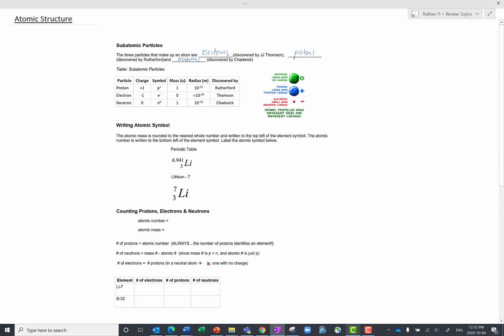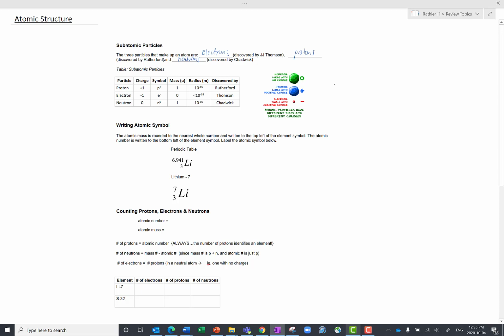This mass is in what's called atomic mass units, and we'll look at that more in detail when we look further at other parts of atomic structure. But for now, what you want to understand here is that this is a relative mass. So it's not saying it's 1 gram or 0 grams. It's just saying that relative to each other, this is their mass.